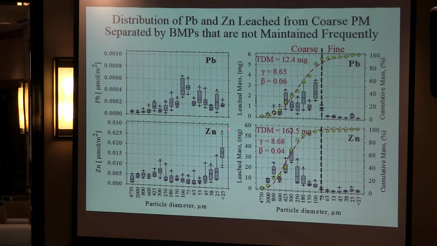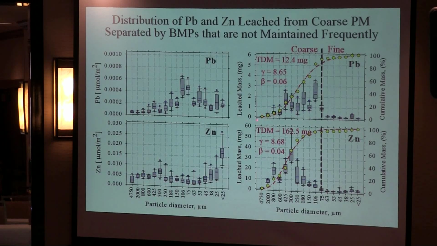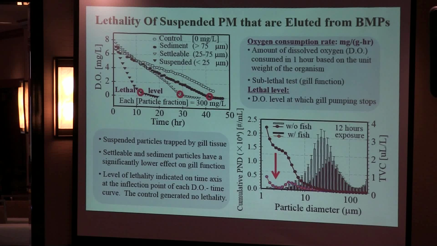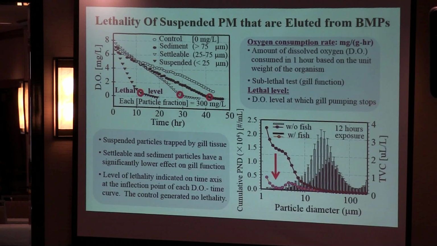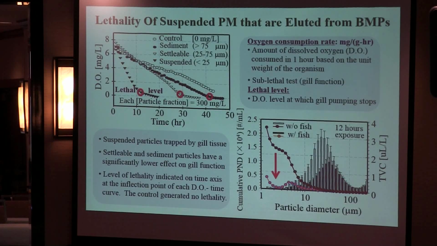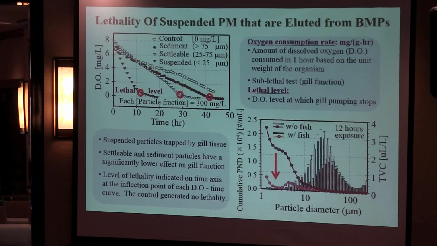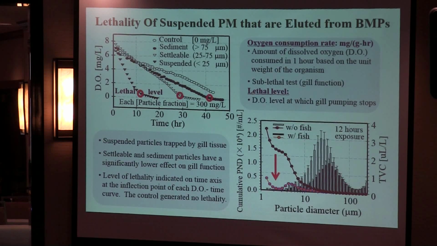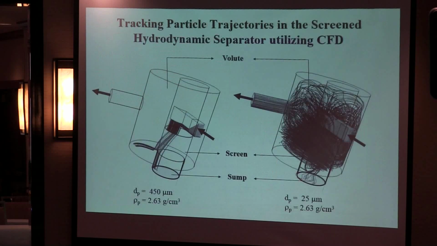If you don't maintain your systems, you're going to get leaching from the particulate matter in the case of lead. In the case of zinc, this is true for every single metal. And unfortunately, our urban treatment systems might be effective at removing coarse particles, but they are very ineffective for removing fine particulate matter, which is the more bioavailable and lethal particulate matter for aquatic organisms.